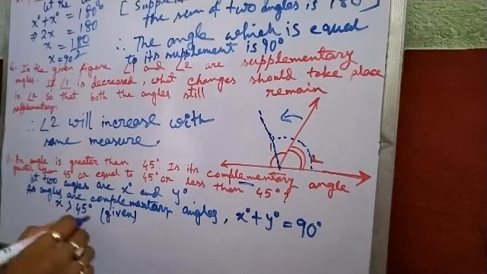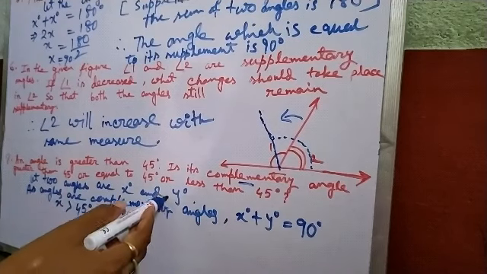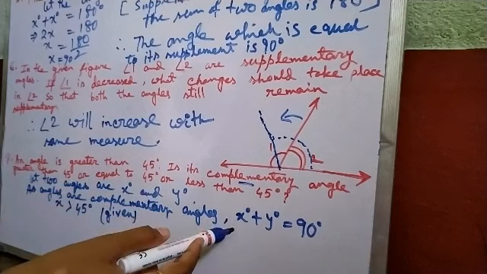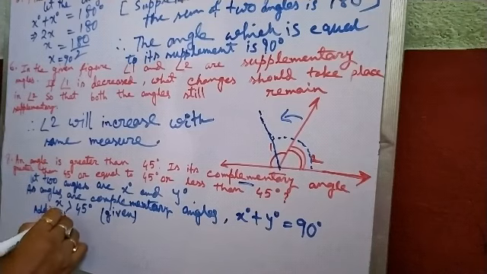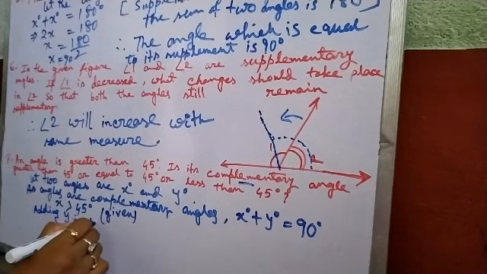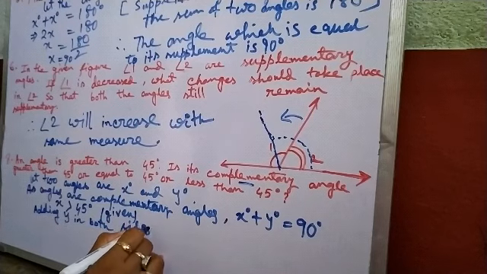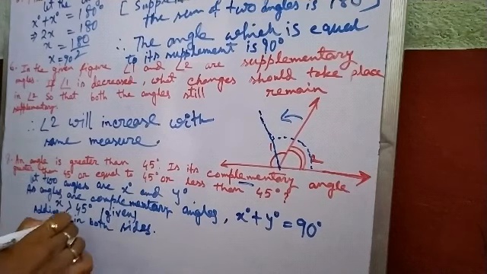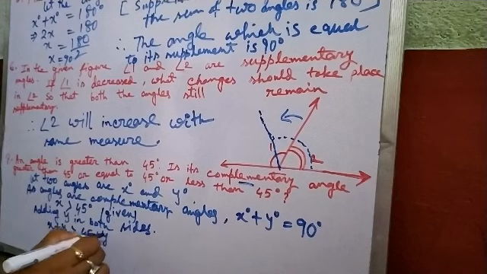Now here we have to see what the other angle, that means y, will be: greater than 45 degrees, or equal to 45 degrees, or lesser than 45 degrees. Let's see that. Here adding y on both sides, it will be x plus y greater than 45 plus y.